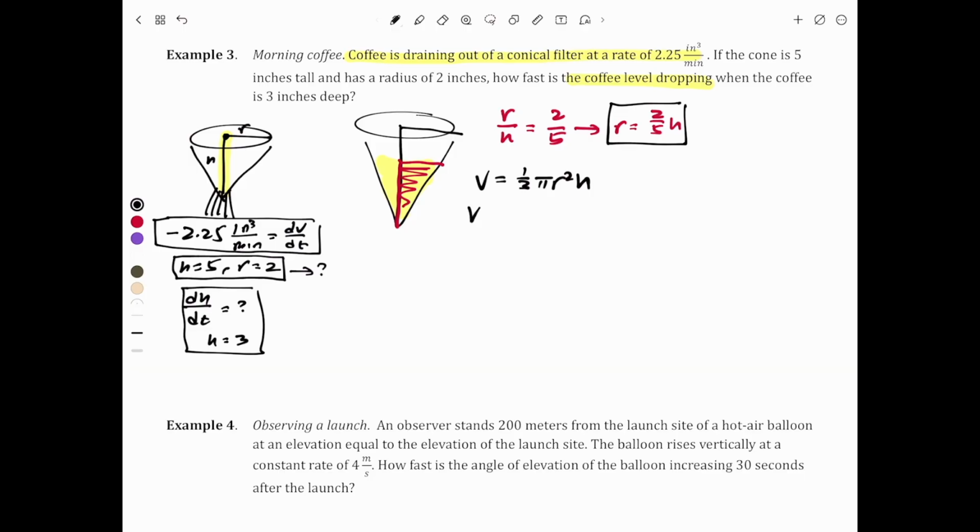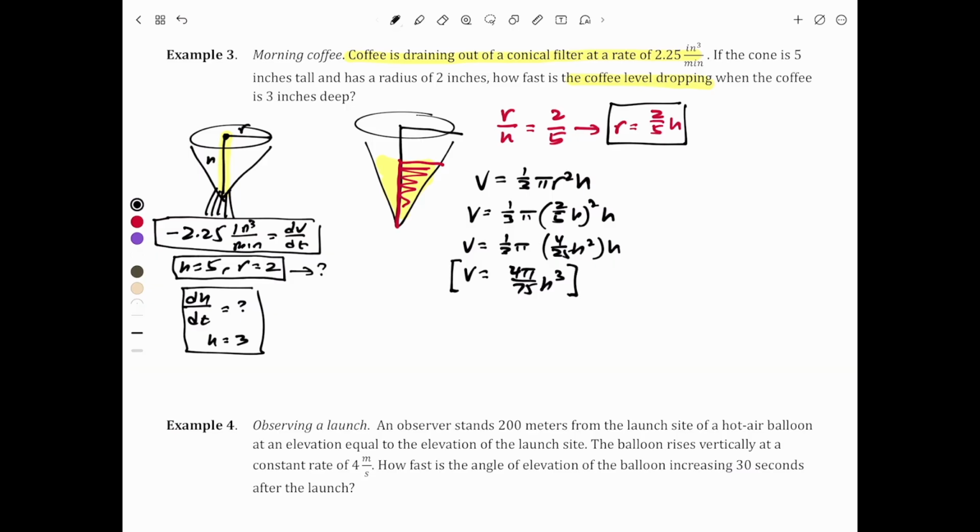Let's do that below. Volume is 1/3 times pi times (2/5 h) squared times h. With a quick cleanup, that's 1/3 pi times 4/25 h squared times h, or finally, 4 pi over 75 h to the third. There's a volume formula that depends only on the height of the cone.